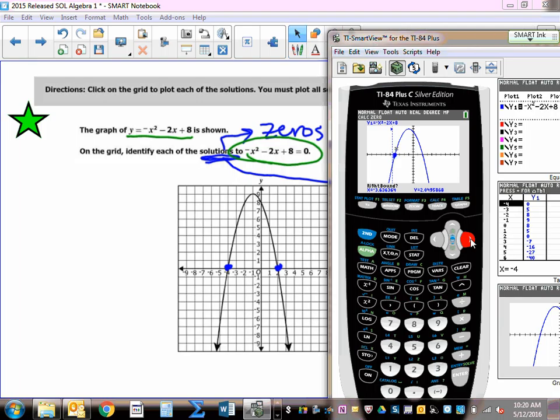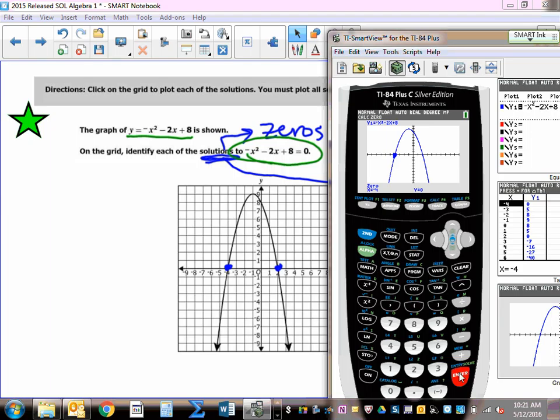Then hit enter. Then your calculator is just like Microsoft Windows where it says, are you sure you want to close this program? It asks you, are you sure you want me to give you your 0? And you say, yes, I do. And it just gave you your solution, negative 4, 0. So you can use that as well.